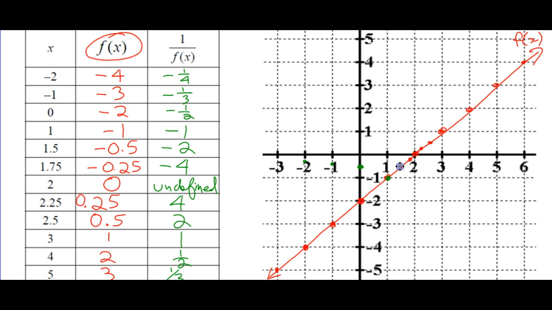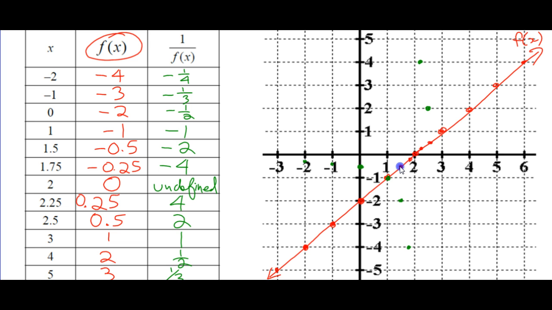Okay. Now I got to do the green. And green is actually, so 1.5 was -2, and 1.75 was -4. And we had some other points, right? 2.25 was +4, and 2.5 was 2.